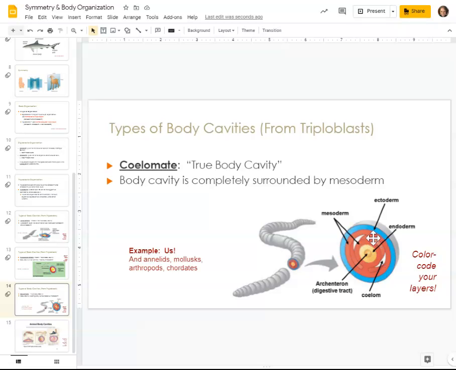So it's a little more complicated, with separate spaces to house separate organs. These coelomates are going to be generally bigger in size. They're going to have a lot of different body shapes, a lot more complicated than the other types. So we'll come back to these later in the semester, maybe halfway through.